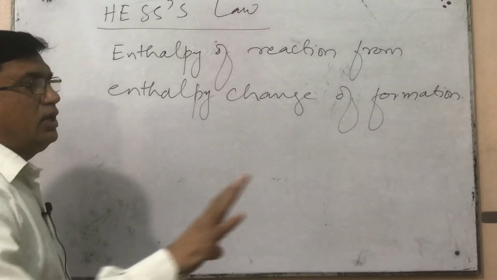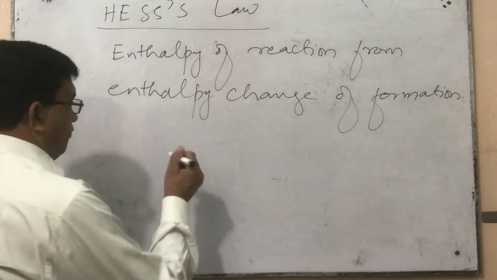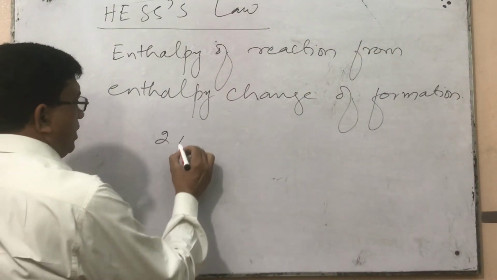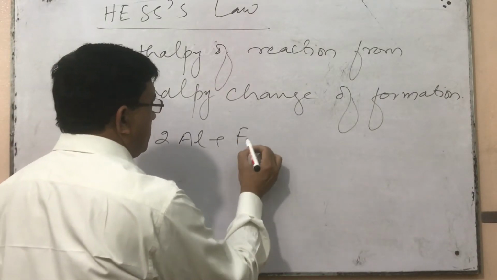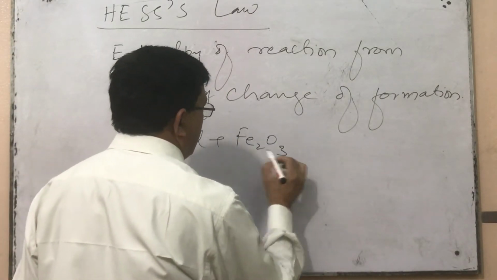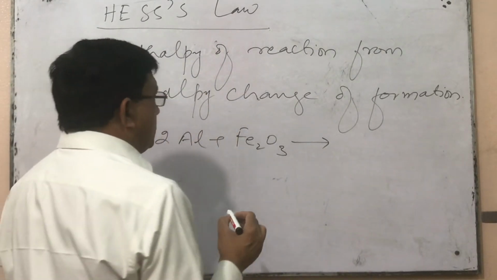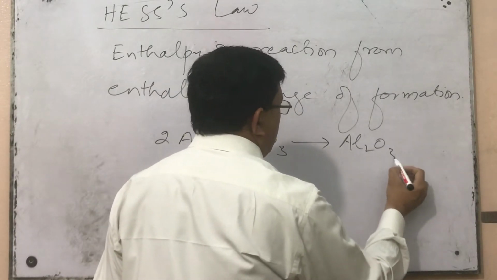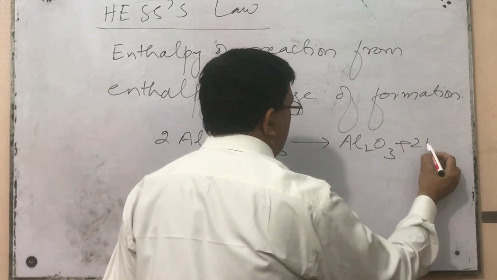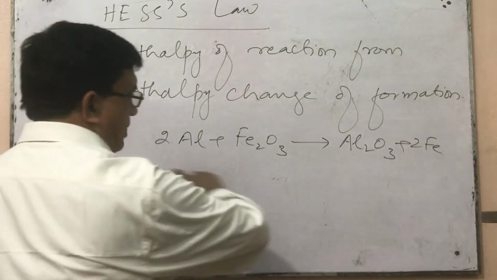all we have to write down the balanced chemical equation which is given. For example, this is our balanced chemical equation for the displacement reaction of the thermite process. Now, it becomes Al2O3 plus 2 Fe produced. Now this is the balanced chemical reaction.